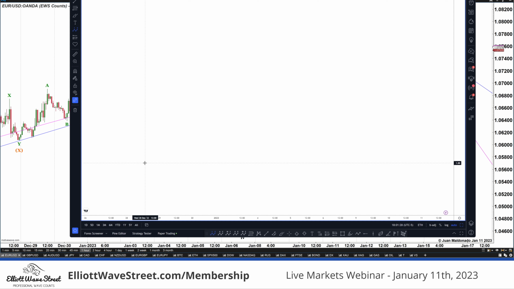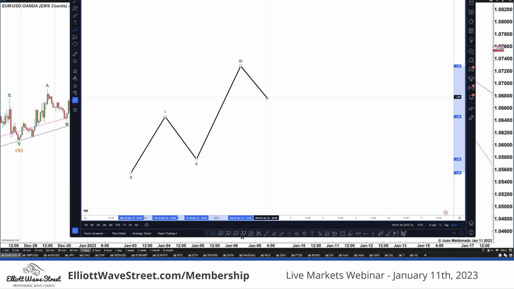So the main plan with Elliott Wave is to find the impulse. The impulse is a 5-wave sequence. When we are talking about the impulsive legs, we label them with numbers: 1, 2, 3, 4, and 5.